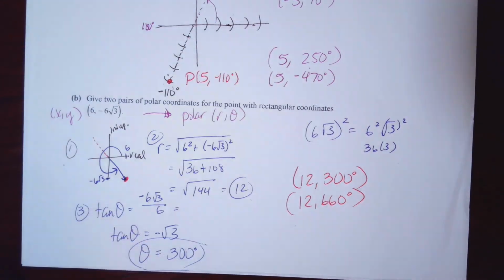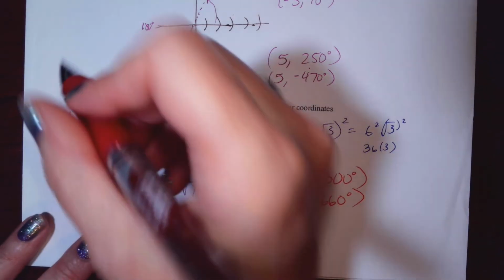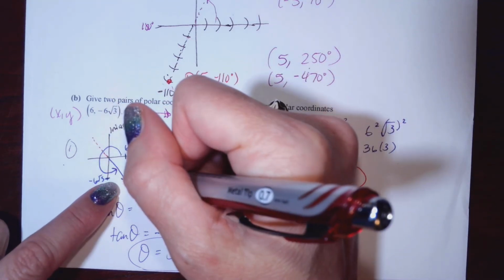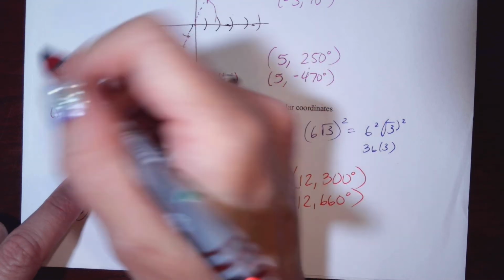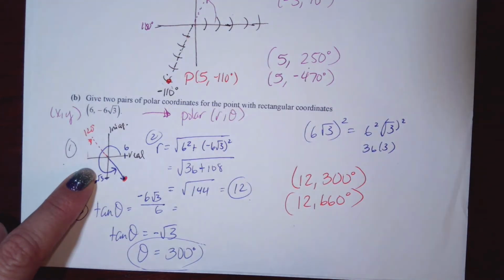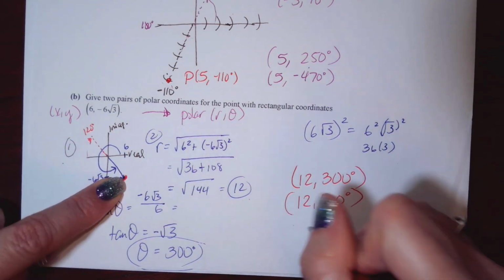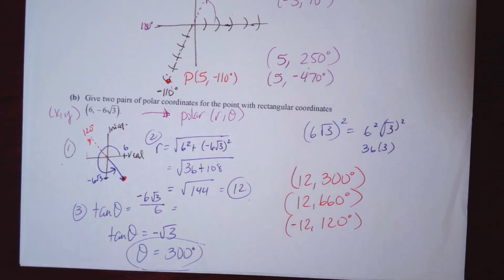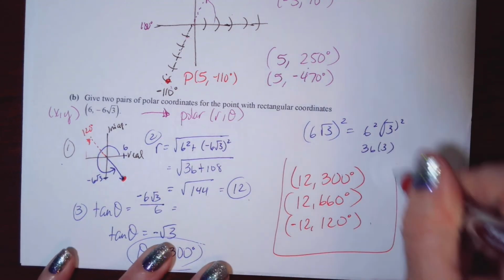No, I misstepped there. Oh, no, I was right the first time. Forgive me, guys. This is 60 degrees off of the x-axis, which does put me at 120 there. So if I think about that as being 120, and then I need to go backwards, that would be negative 12 at 120 degrees. And I was just asked for 2 pairs of polar coordinates. There's 3 pairs of polar coordinates.